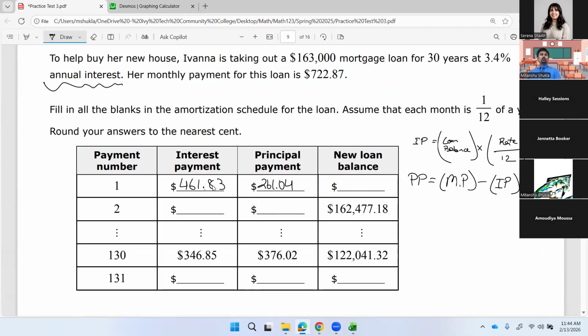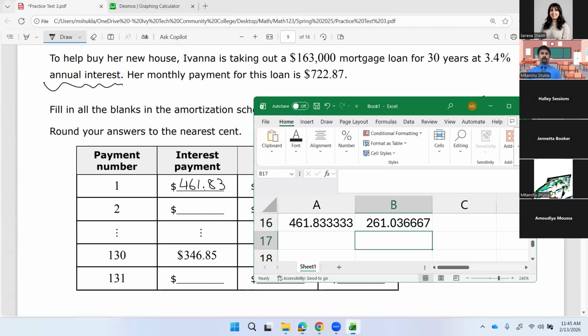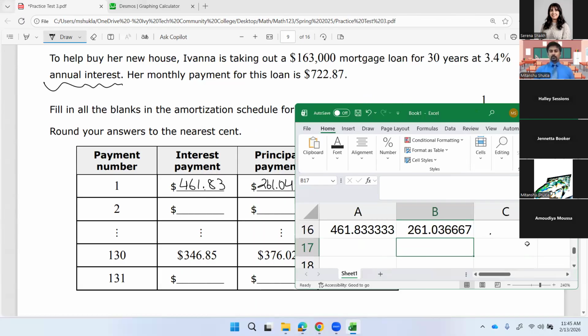Okay. Then what is my new loan balance? Well, my new loan balance will be equal to my old loan balance minus my principal payment. So what was my old loan balance? How about 163,000, minus my principal payment.